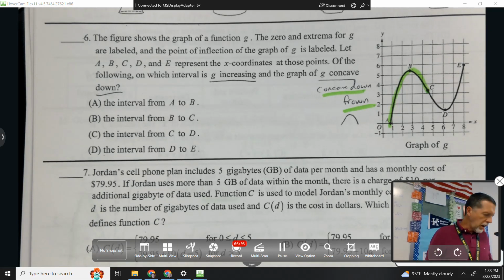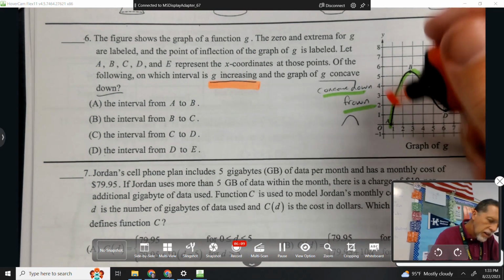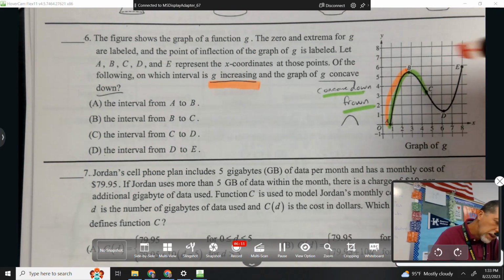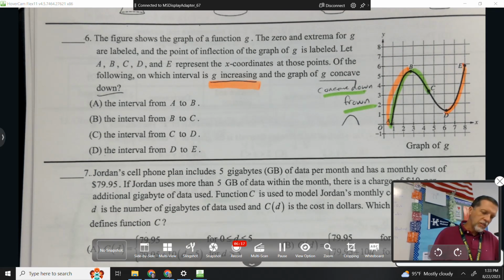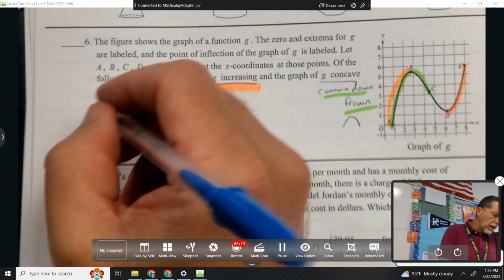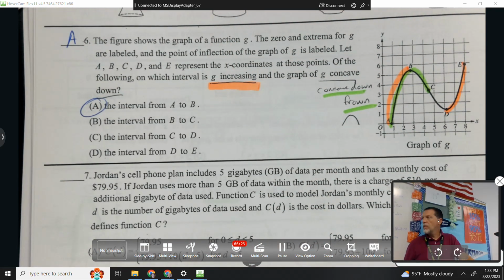So there's my concave down, but I also need g to be increasing. So that would be from A to B and from D to E. So where both of those things are true would be from A to B. Kind of easy when you overlap the colors.